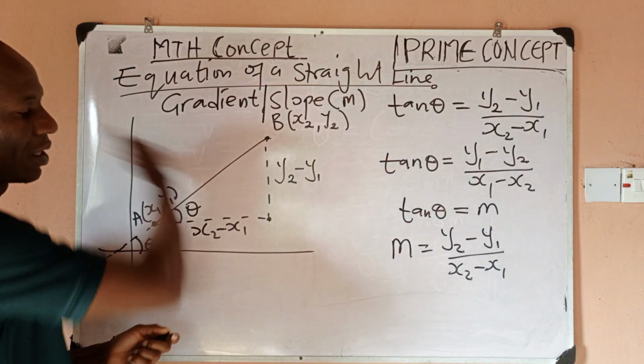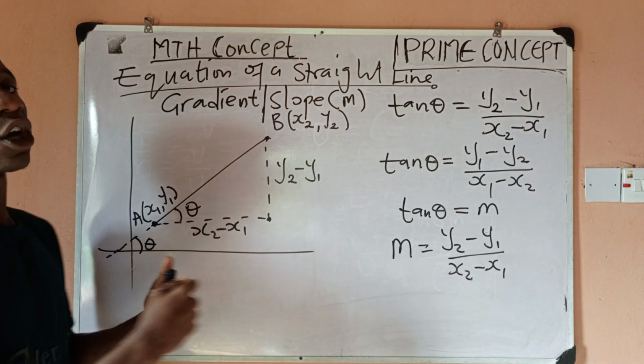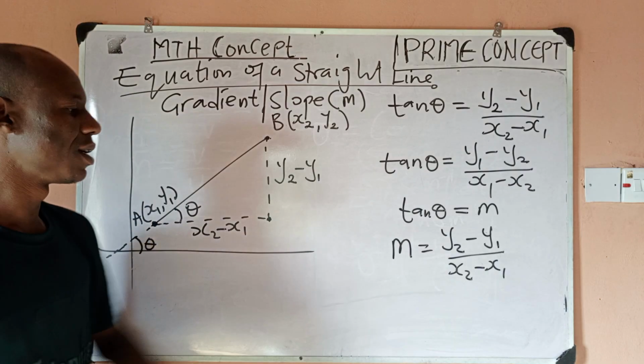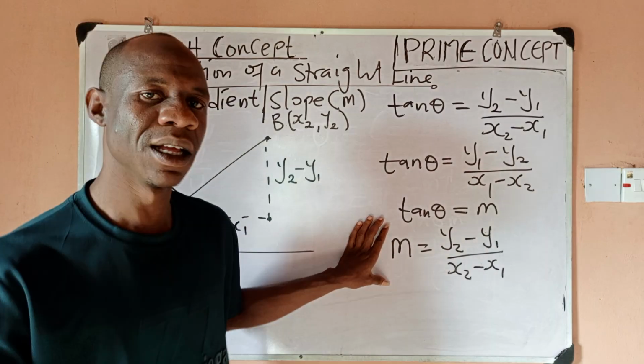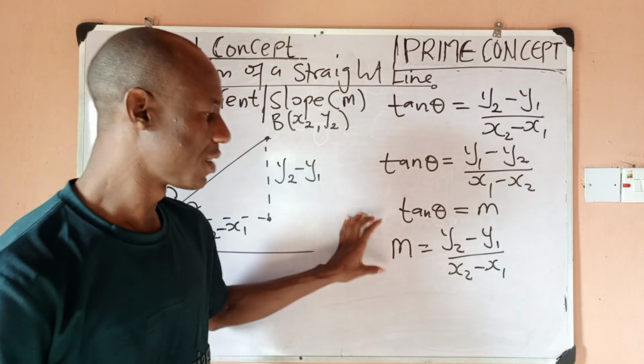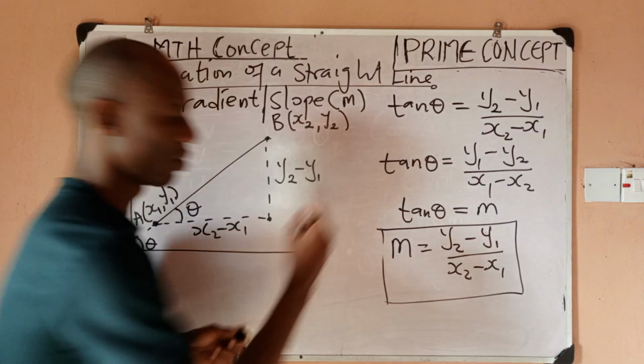Then you can still have a case where your straight line would be in this form. In that case, your angle will be obtuse, which would make your slope negative. But generally, this is the formula for finding the slope of a straight line. So whether positive or negative, with this formula, we can always find the slope of a straight line.